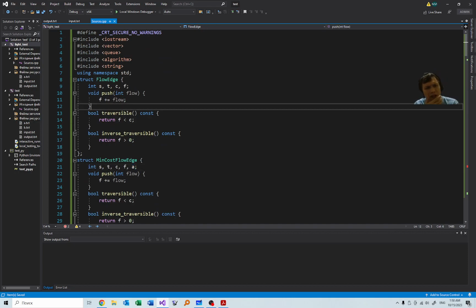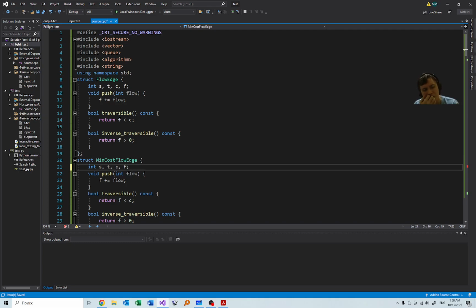Ah, gross. So I cannot use graph here. Okay, this is fine.